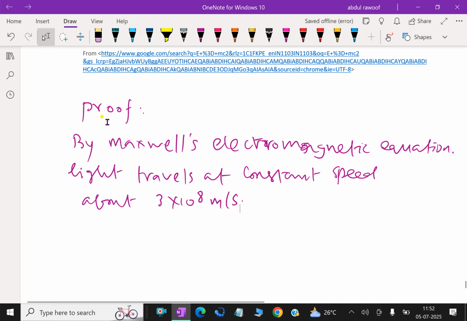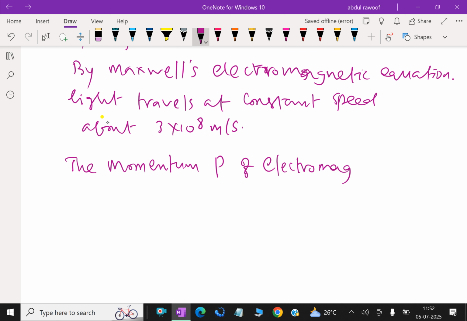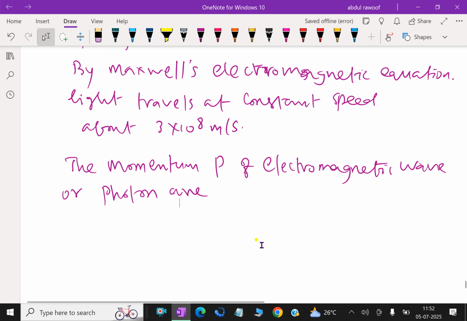The momentum p of an electromagnetic wave, or photon, is proportional to its energy level. Actually, the photon is an electromagnetic wave.